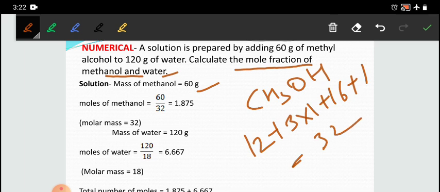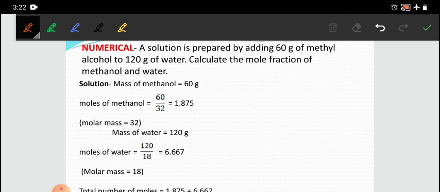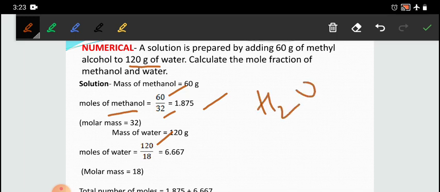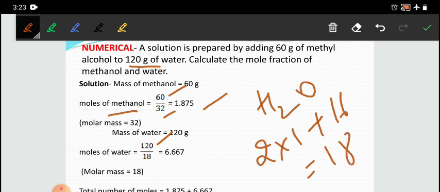So I can calculate the moles of methanol. It will be given mass divided by molar mass, that is 60 divided by 32. The answer I will get is 1.875. Similarly, for water they have given the mass as 120, and the molar mass of water is H2, 2 into 1, plus oxygen 16, so it will be 18.